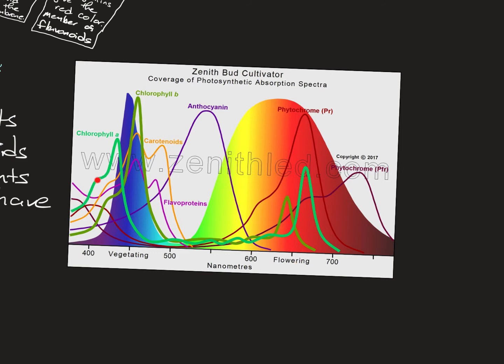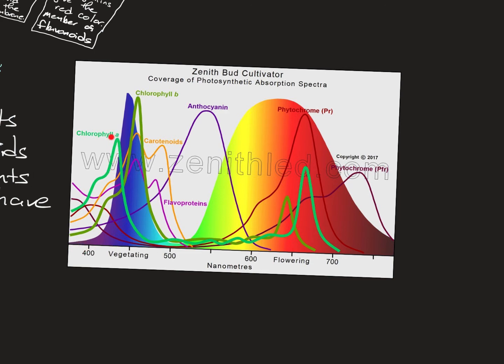But you'll see here that where A collects light, it collects light both here at the 400 nanometer range and here, which would be in the blue range. Remember Roy G. Biv, right? Roy G. Biv, so red, orange, yellow, green, blue, indigo, and violet, right?